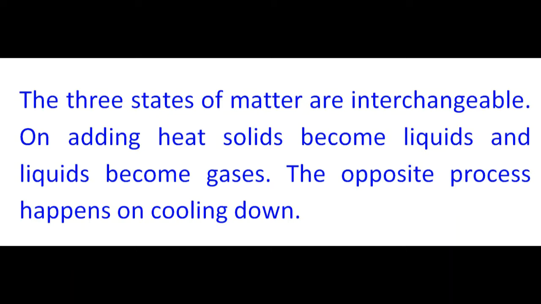On adding heat, solids become liquids. And if you heat it further, the liquids become gases. The opposite process happens when we cool down a gas, it becomes liquid, and on further cooling down, it becomes a solid.